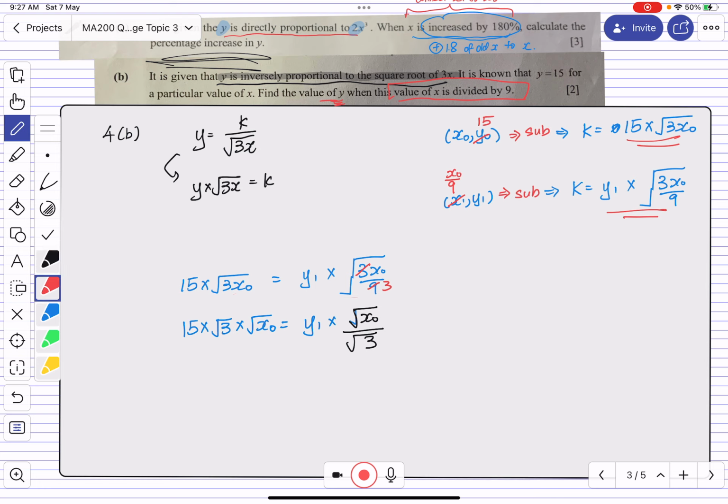Now cancel off the common factor on both sides, which is x0. Multiply the square root of 3 over on both sides. y1 should be 15 multiplied by square root 3 multiplied by square root 3, which gives me the final answer of 45. So this is the new y1, and that is the answer for part B.